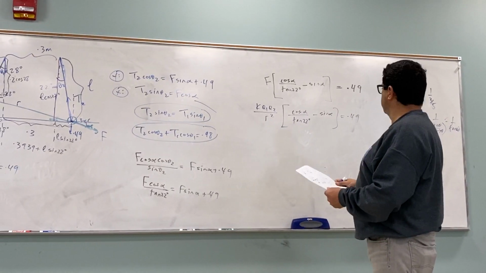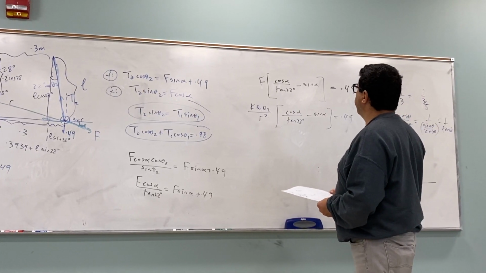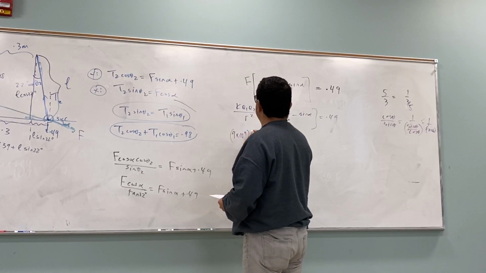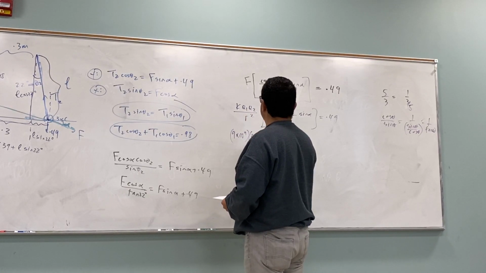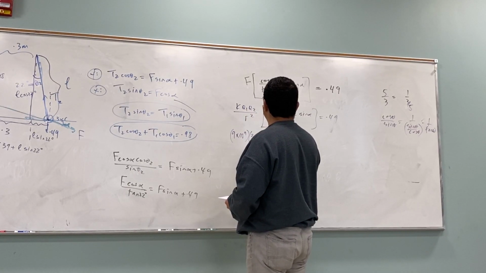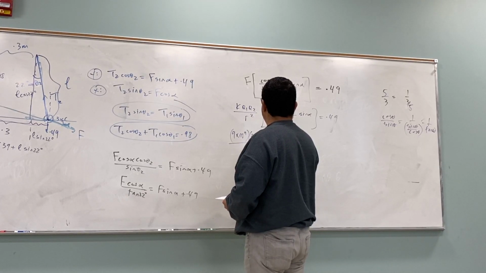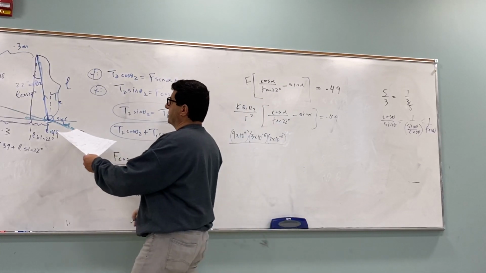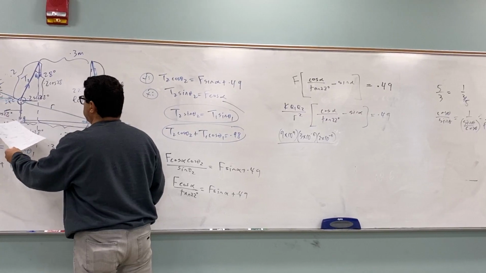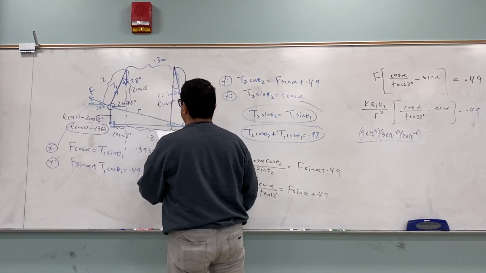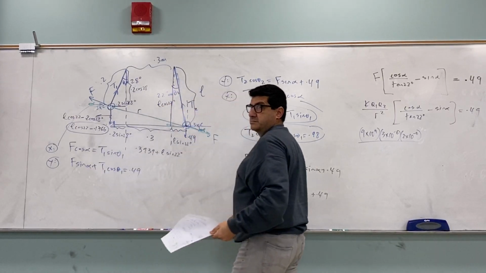Good question. So now I'm going to have 9 times 10 to the 9th. The charge is 3 times 10 to the minus 6, 2 times 10 to the minus 6 over r squared. So what's r squared going to be? Okay, we could get an expression for r squared. It's this thing squared, L cosine 22, plus this thing squared, right?